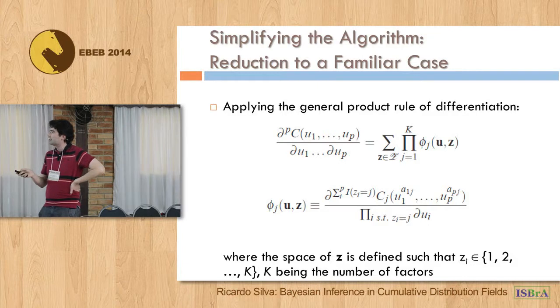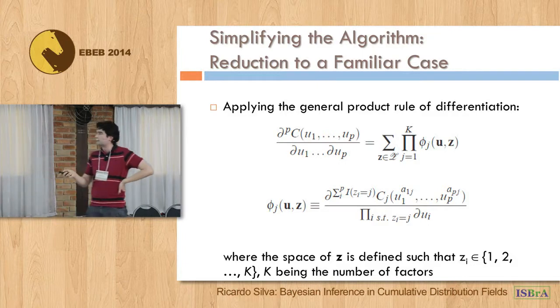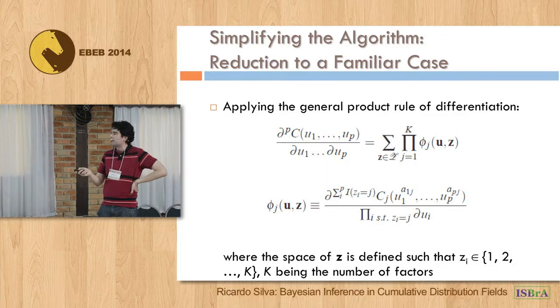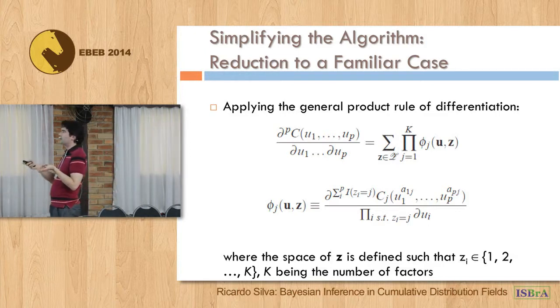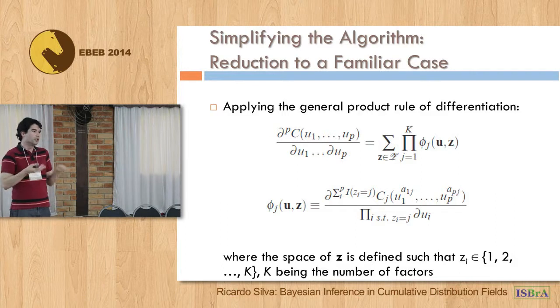You can, for example, write the product rule with indicators that tell you on which factors each of the variables are being differentiated. So we apply the product rule, basically saying, for this term, I'm differentiating this factor with respect to this variable, and so on and so forth. And of course, this is just a textbook formula for the product rule in general.